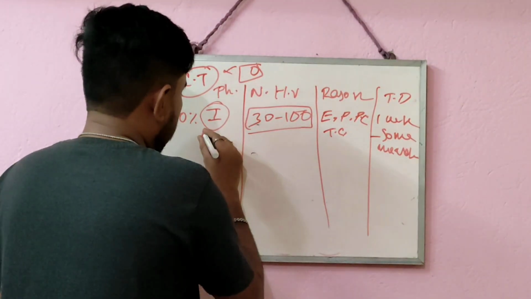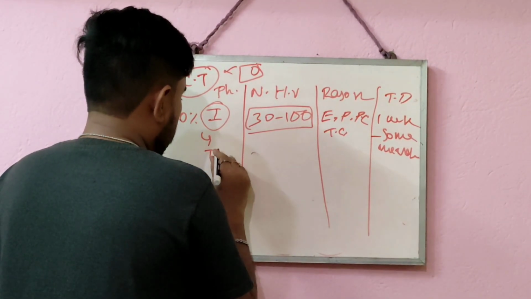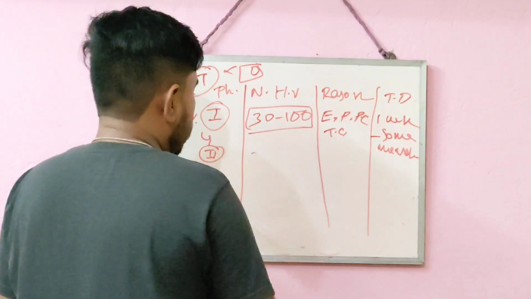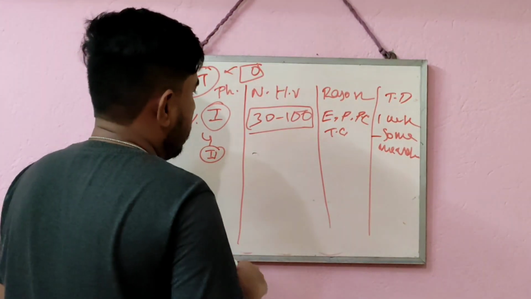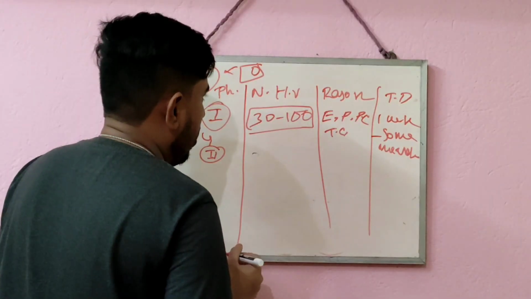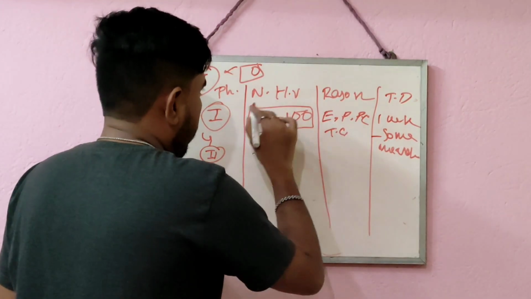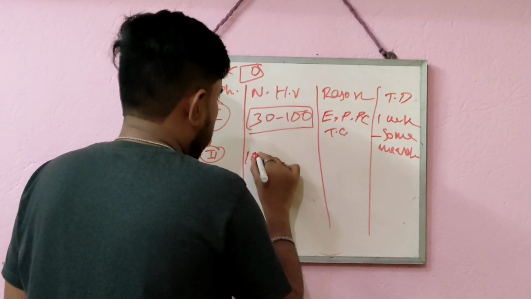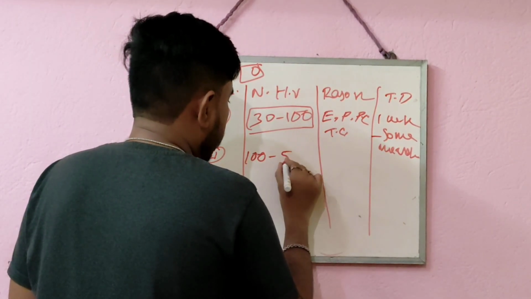Then the next step is phase 2. Here 70% of drugs go through the second step, the second phase. Generally the drug is tested in some human volunteers. The number of human volunteers is 100 to 500.